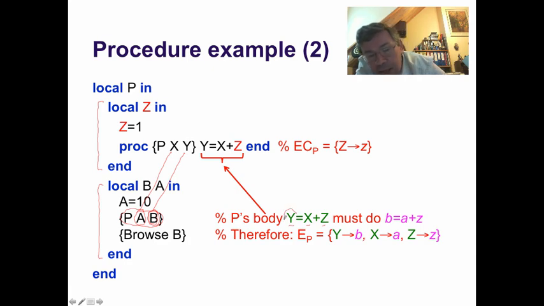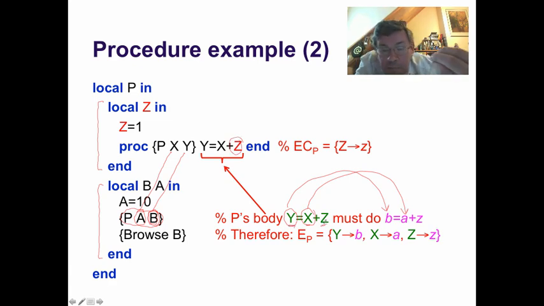That means the y here corresponds to the variable B, and the A corresponds to x, and the z is the same as before. So y equals x plus z, what it must calculate is variable b equals variable a plus variable z. So somehow the instruction y equals x plus z must do this calculation, b equals a plus z.